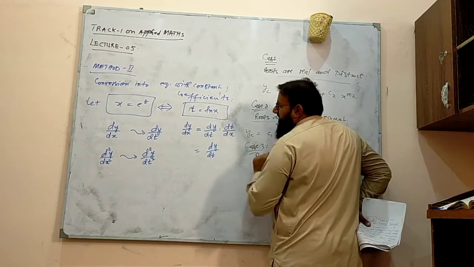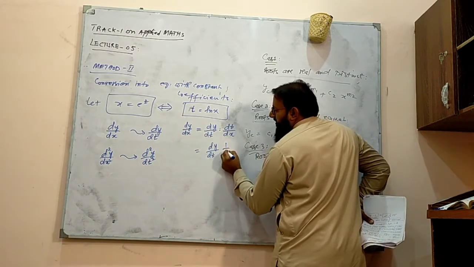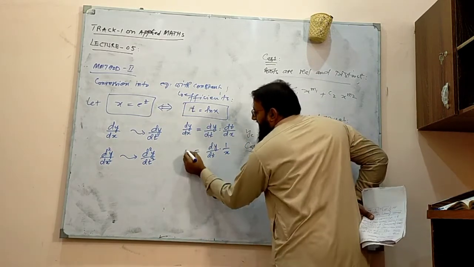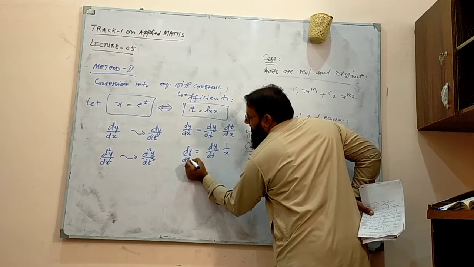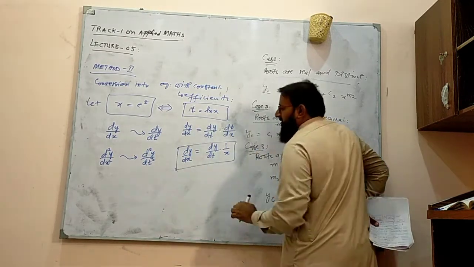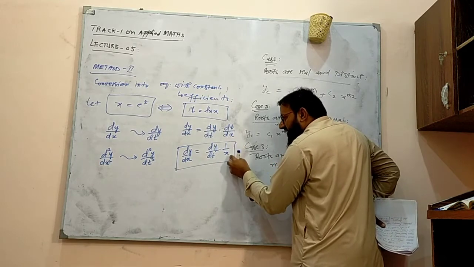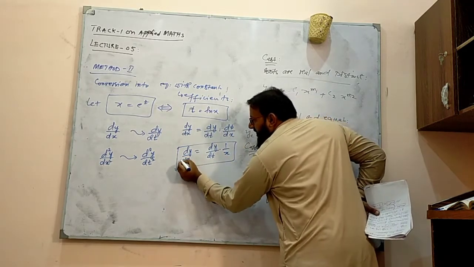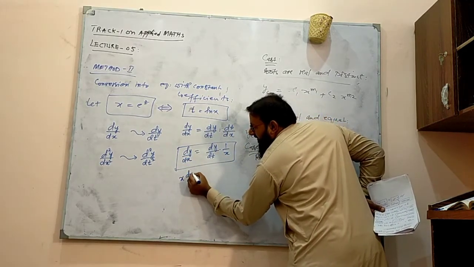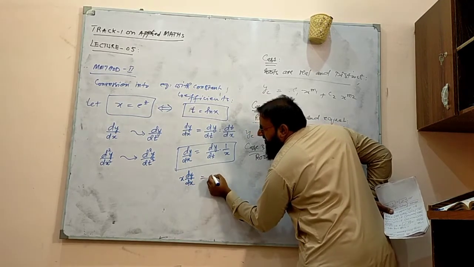What is dt by dx? 1 upon x. So your dy by dx is going to be dy by dt into 1 over x. When you multiply x on both sides, x dy by dx becomes dy by dt.